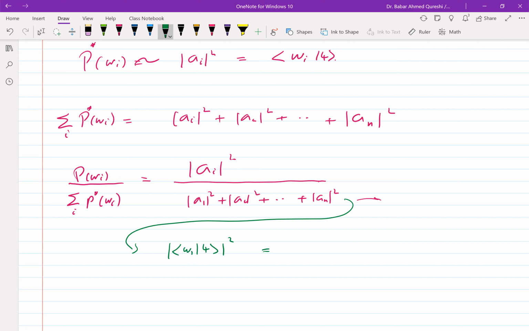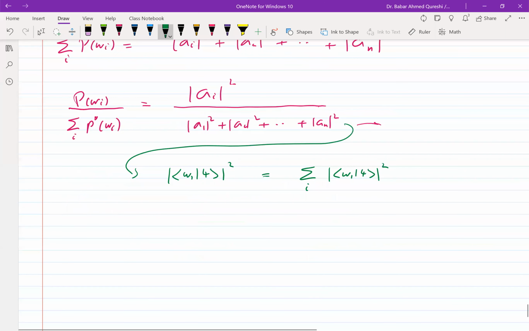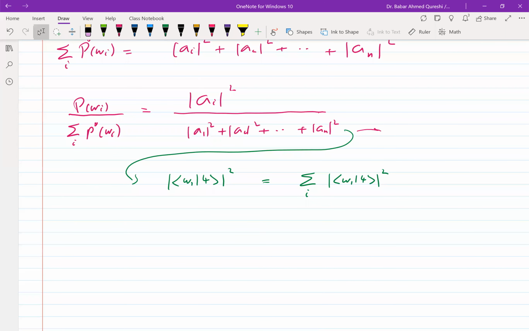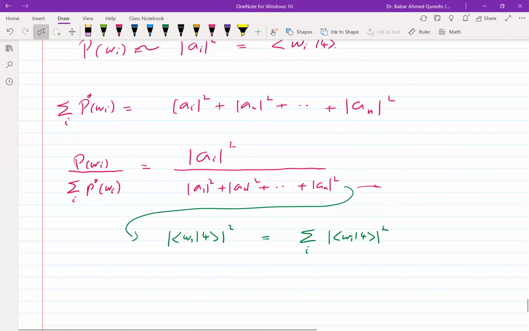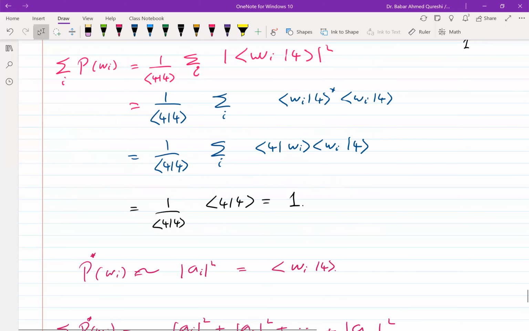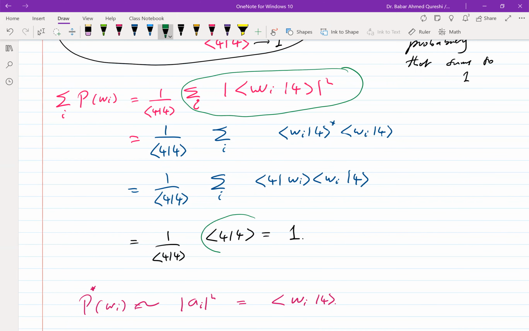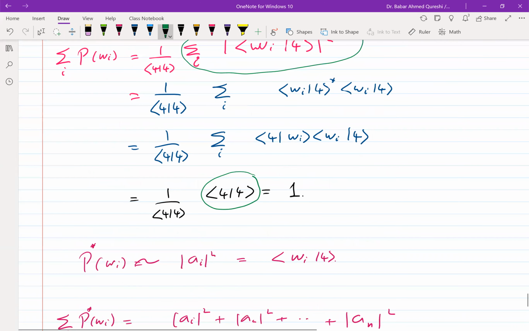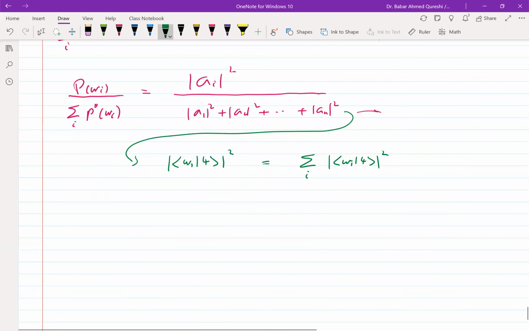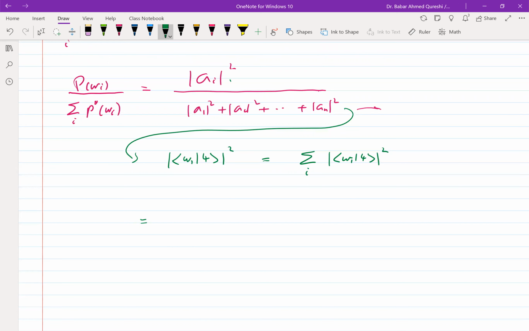So this expression is actually equal to summation I omega I psi mod square omega I. But that's exactly this, which we found is equal to psi by psi.